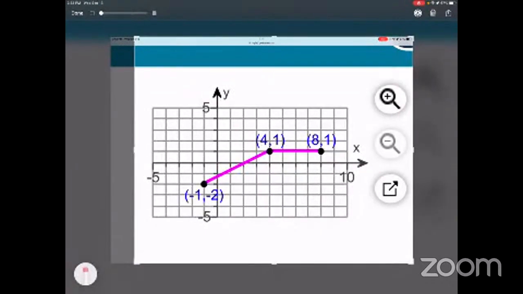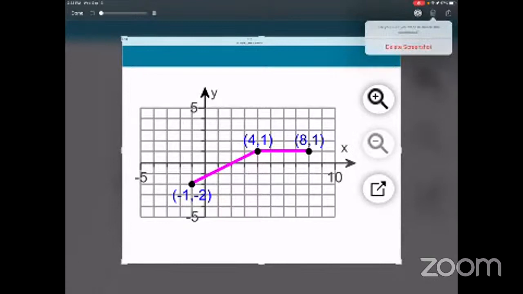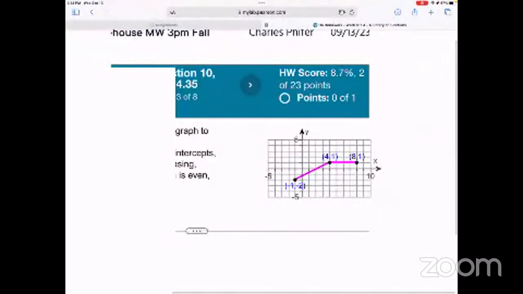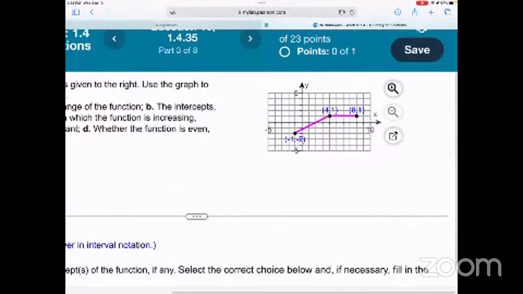Here, let's just delete this. Come on, you can do it. I decided to just go ahead and get a copy of the original.